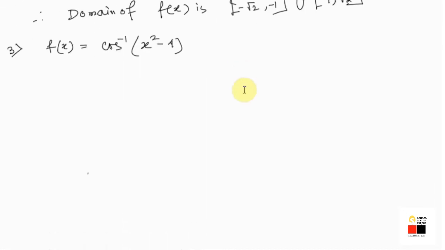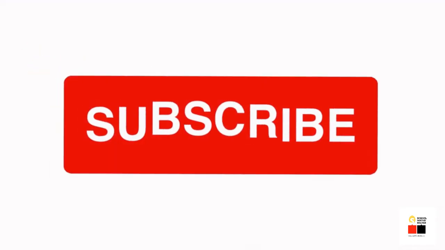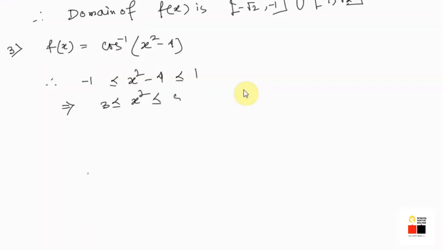Next problem, f(x) equals cos inverse of x square minus 4. Therefore minus 1 is less than or equal to x square minus 4 less than or equal to plus 1, so 3 is less than or equal to x square less than or equal to 5.